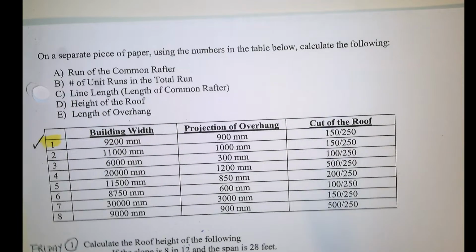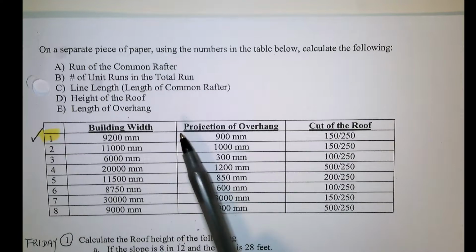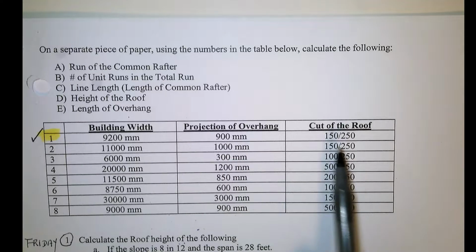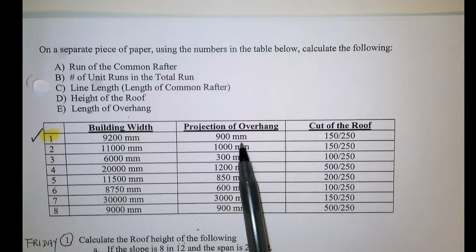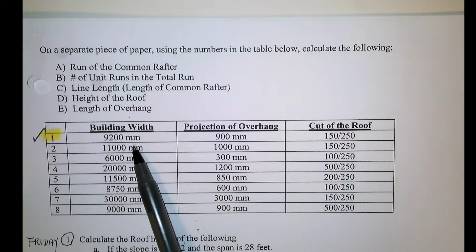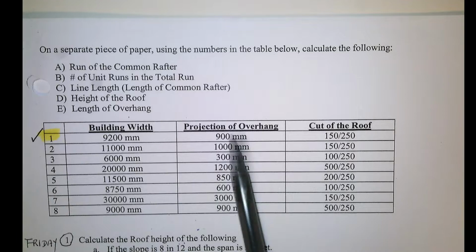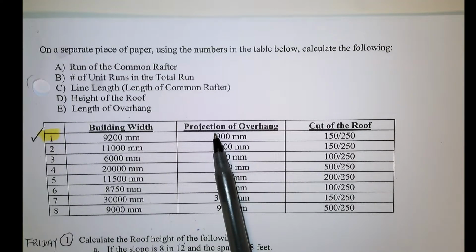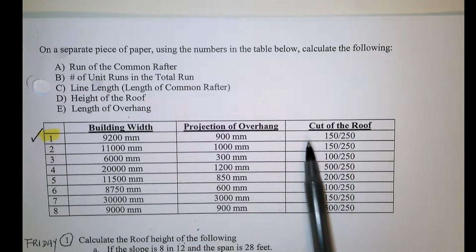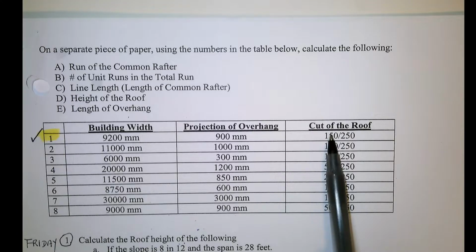But the name of the game is, for every question, you ought to be able to understand the meaning of the given. Like the meaning of building width, the meaning of the projection of overhang, and the cut of the roof.